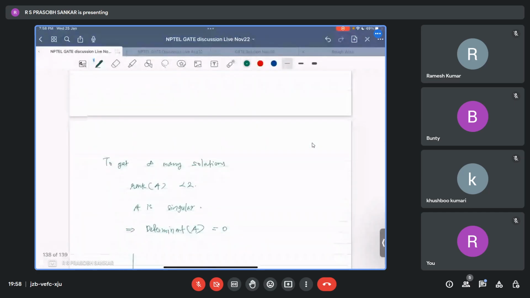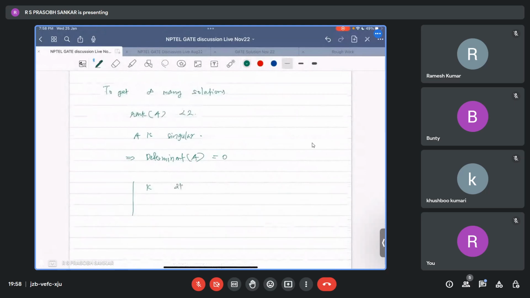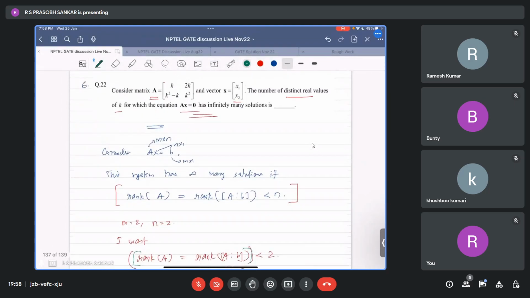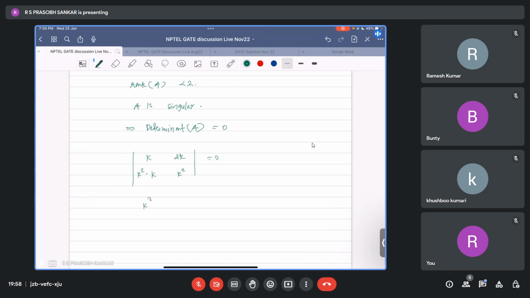What we have here? We have K, 2K, K square minus K, and K square. This determinant should be 0. So K cube minus 2K into K square minus K is 0.